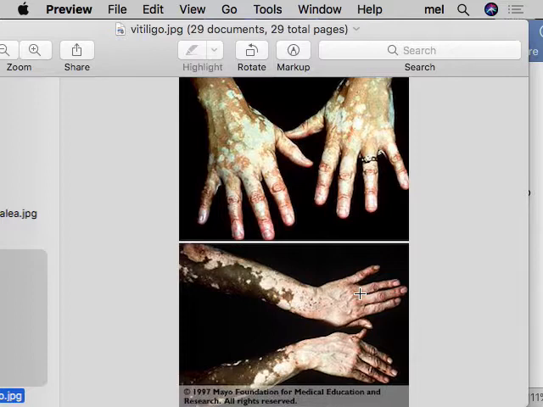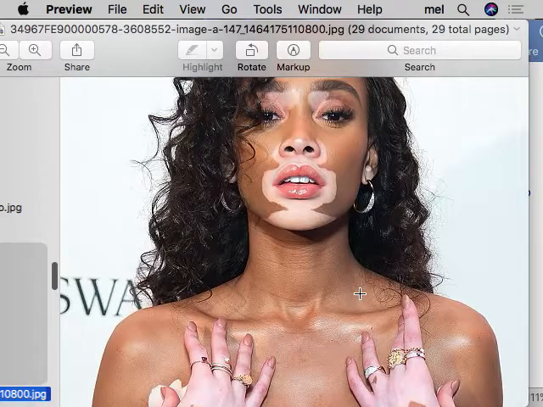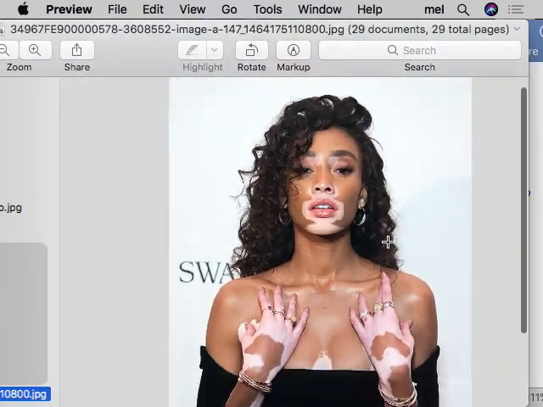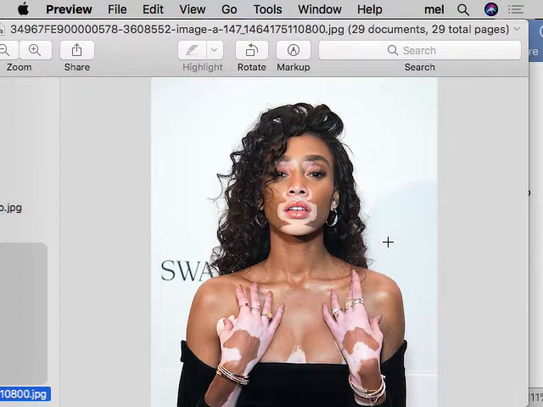Does that make sense? Now, this is vitiligo, and this is a really famous model who got really popular the last 2 years with vitiligo, just to show you that it does not have to be unattractive. Notice how beautifully symmetrical it is, mostly symmetrical on her. For some reason, most autoimmune disorders, and we do not know why, whether it's MS or lupus, they mostly hit symmetrically.